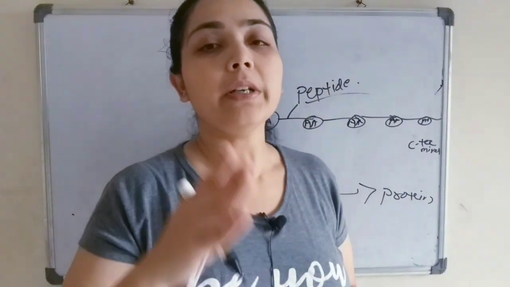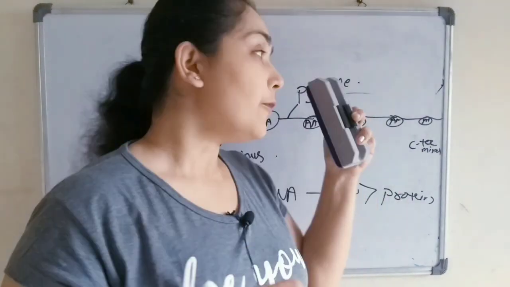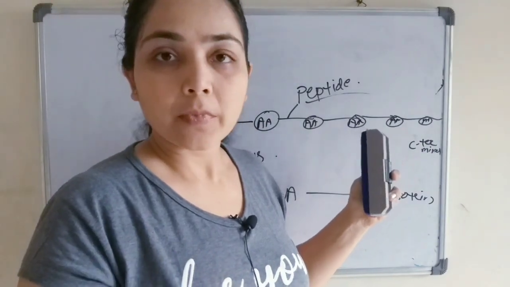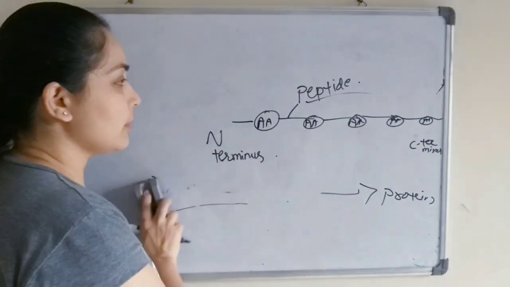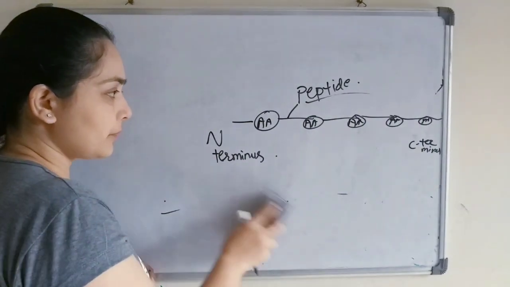Translation takes place in the ribosome. So the site of covalent bond formation is the ribosome in the cell.